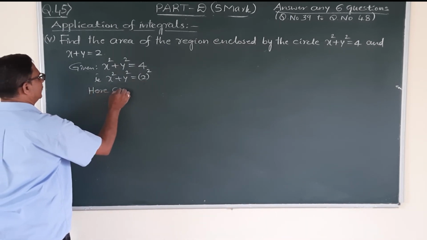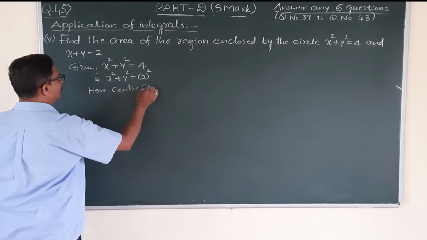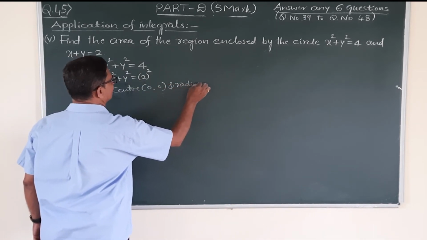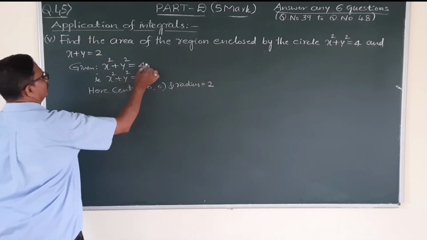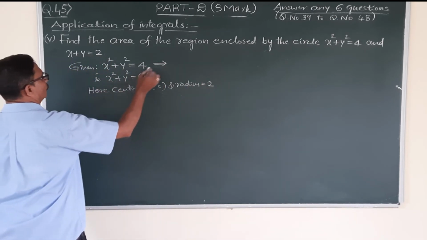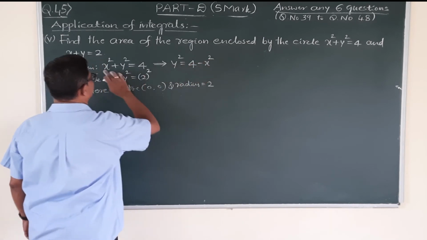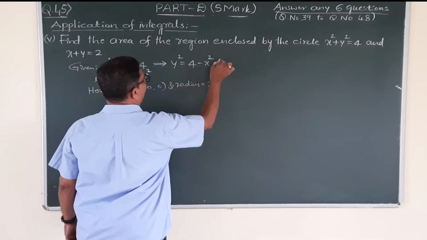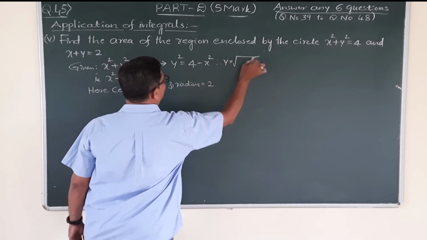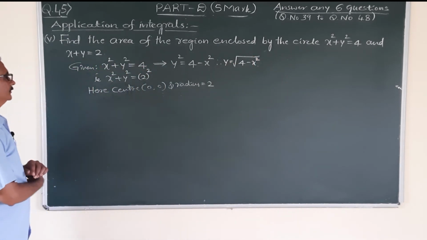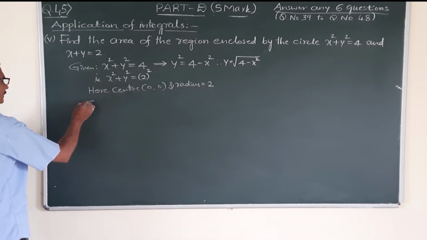Here the center of the circle is origin and radius is 2. Now, x square plus y square equal to 4, therefore y square is equal to 4 minus x square, transfer it, or y is equal to under root of 4 minus x square. We got the y value. Now this is the circle.